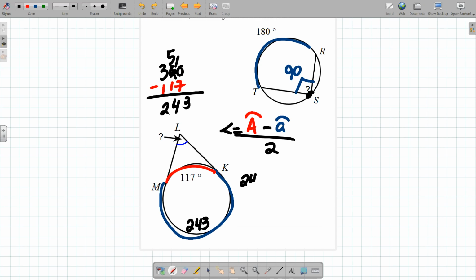So we have 243 minus 117 over 2. 126 divided by 2, that's going to be 63 degrees.